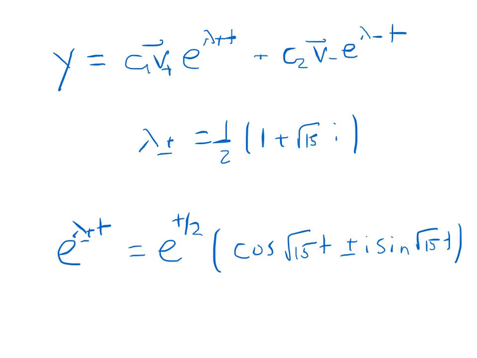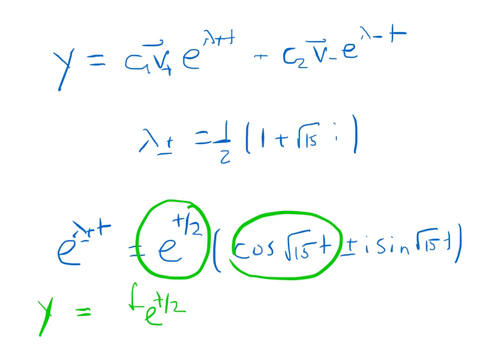So therefore, the general solution for this problem for y can really be thought of in a little bit of a different way. Namely, I'll use a different color to emphasize that this is a bit of a conclusion. Really, the general solution is going to be a combination of something which is exponentially growing, namely e to the t over 2, times something proportional to a cosine and something proportional to a sine.